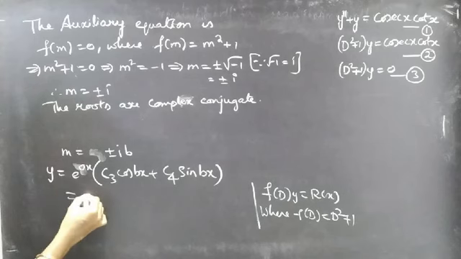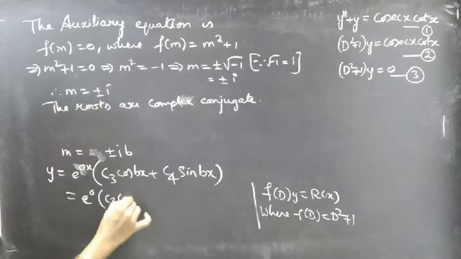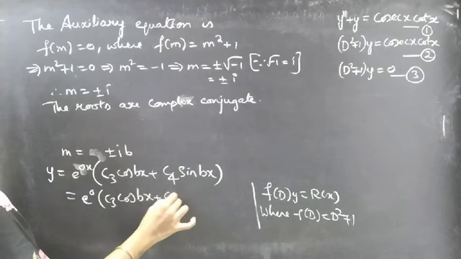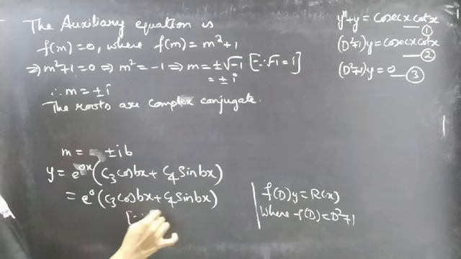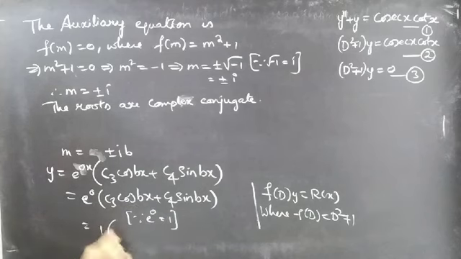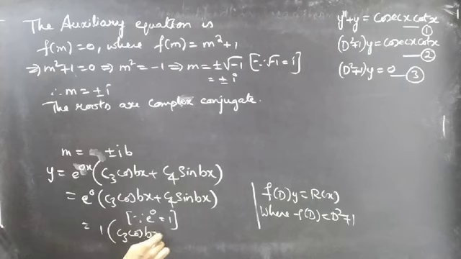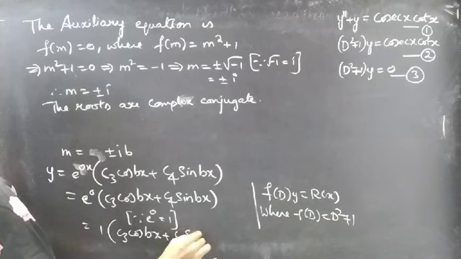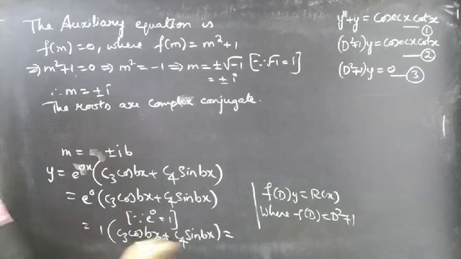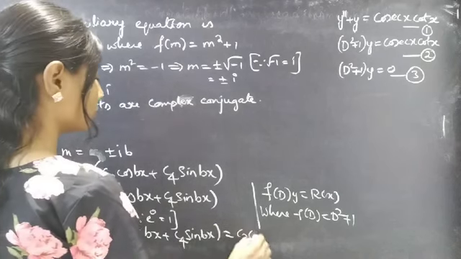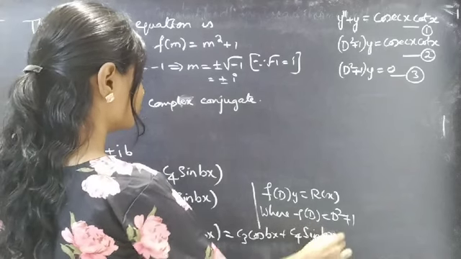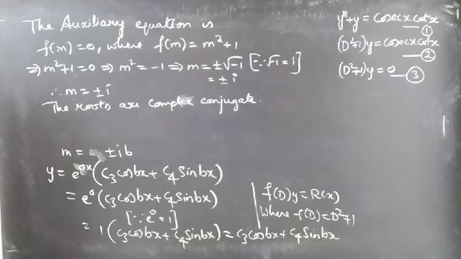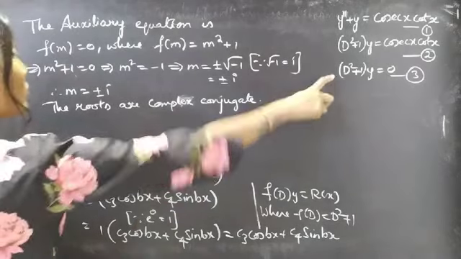E power 0 into x is e power 0 of c3 cos bx plus c4 sin bx. Since e power 0 equals 1, you'll get 1 into c3 cos bx plus c4 sin bx, which is equal to c3 cos bx plus c4 sin bx, right?